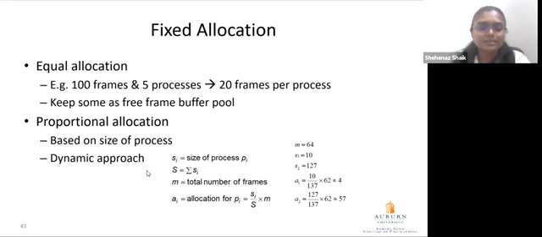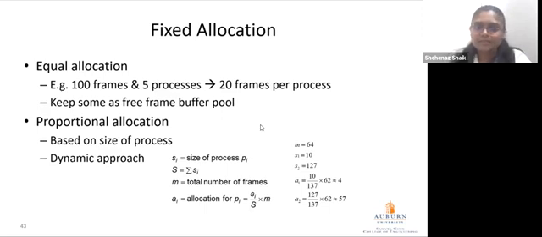So the number of frames that are allocated to each process may change dynamically depending on what set of processes are running at that specific point in time. So this is more of a dynamic approach.